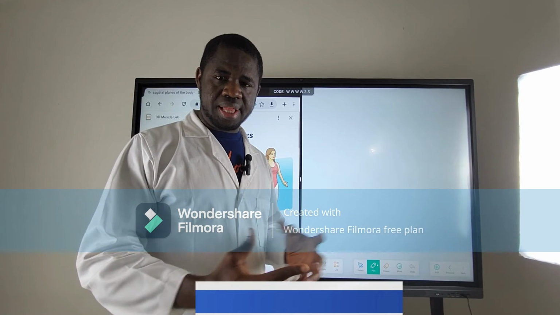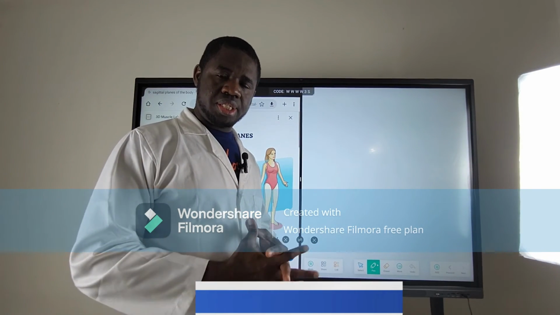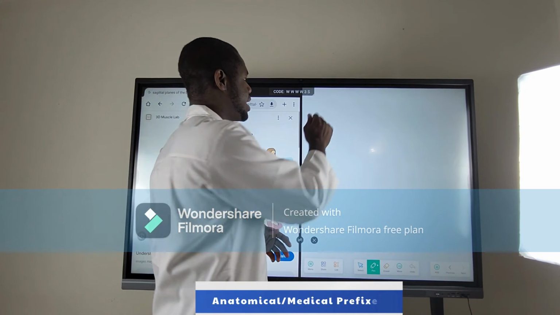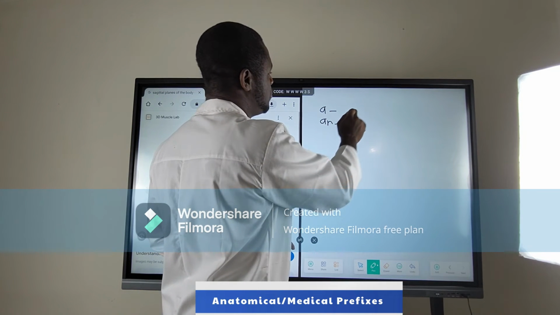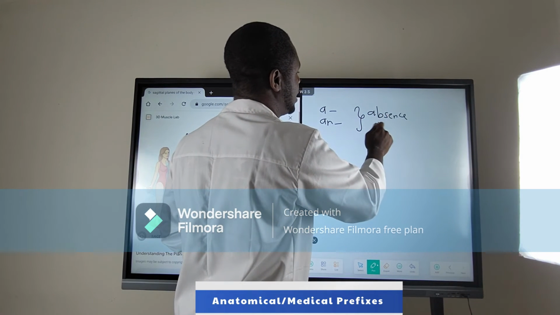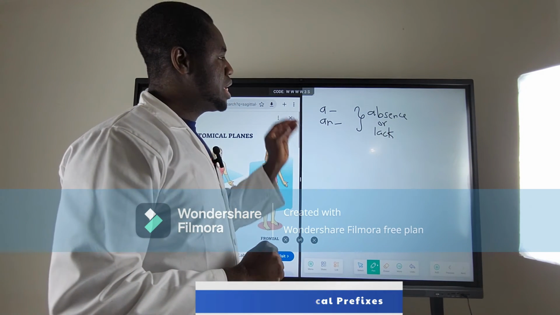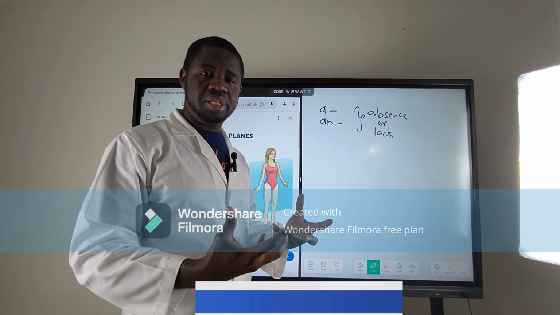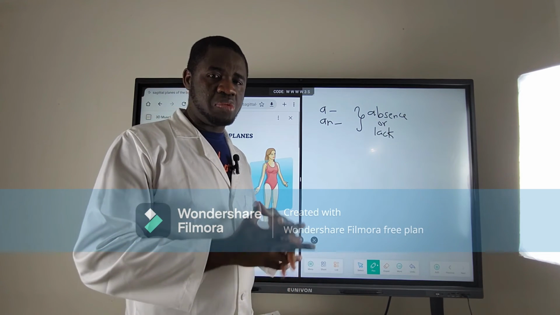Other terminologies that we use in medicine include some words that start with A or AN. Both mean absence or lack. So if A or AN begins a medical word, it denotes an absence or lack of something.